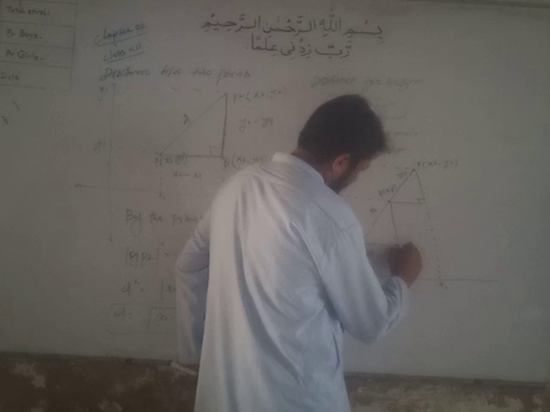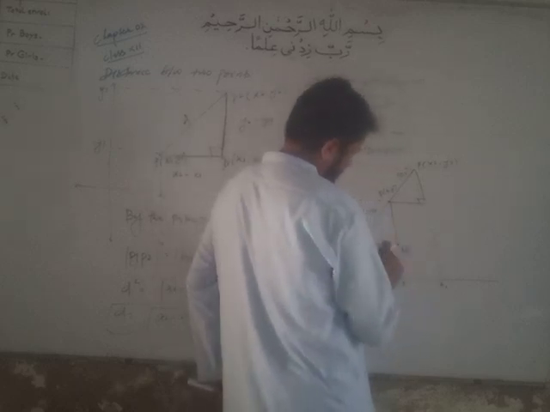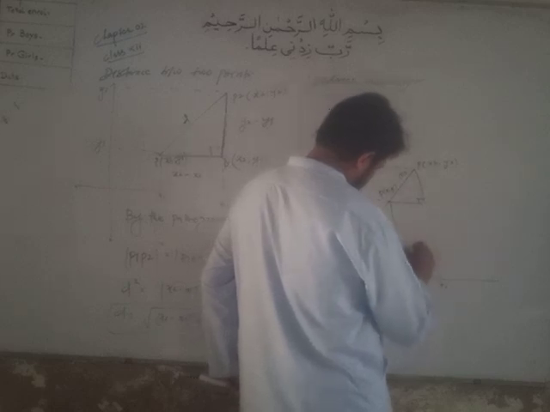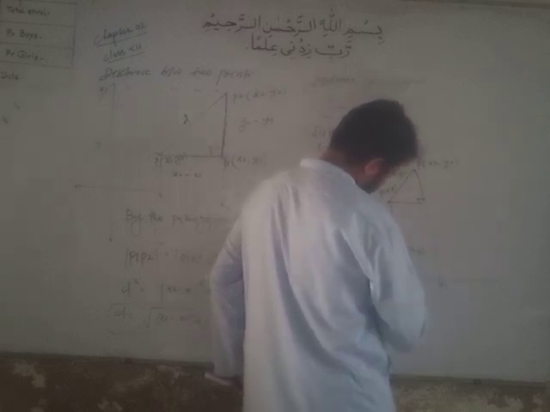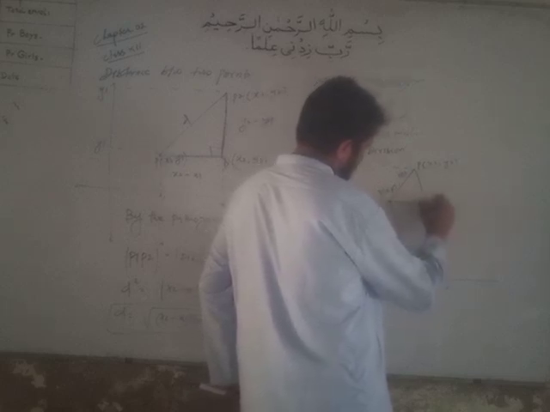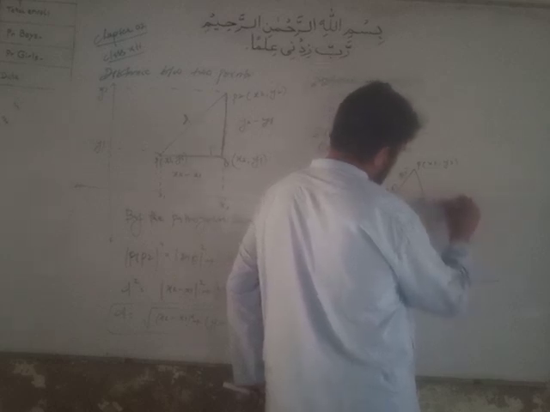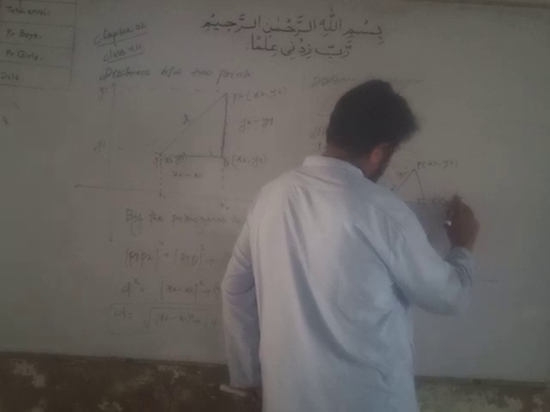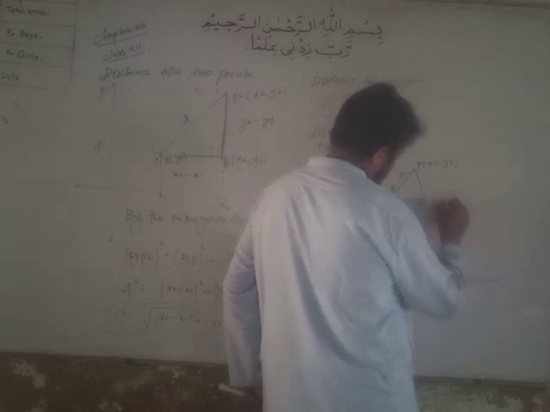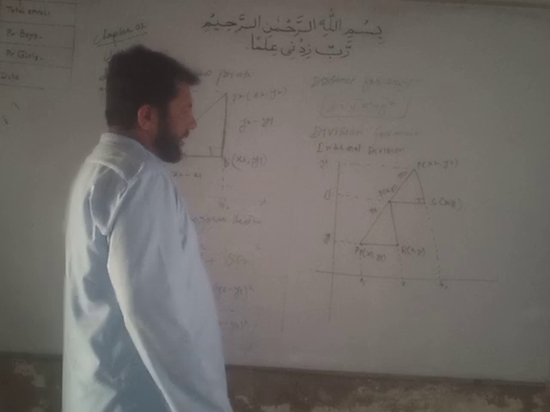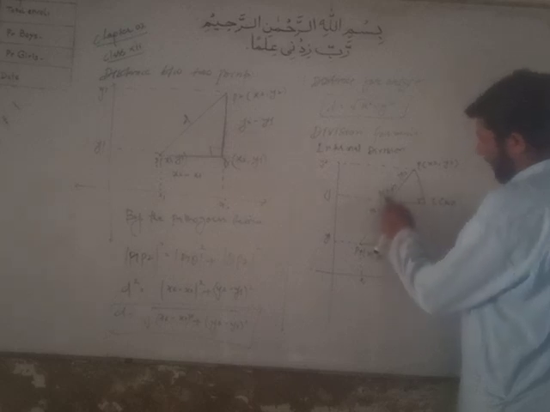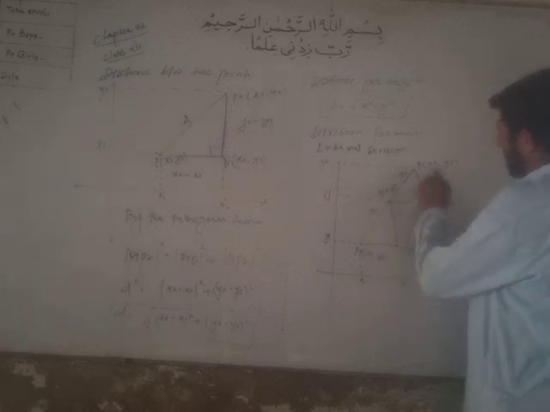Okay, so this point we can say is the point R. Point R will be x and y1, and here this point will be S. So this will be x and y, x2, and this is y. Okay, so these are the two triangles. Here this is the triangle P1RP, and the triangle PSP2.